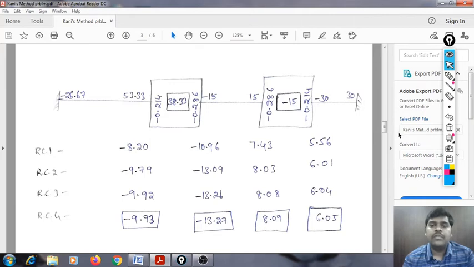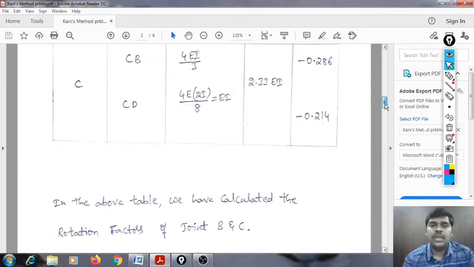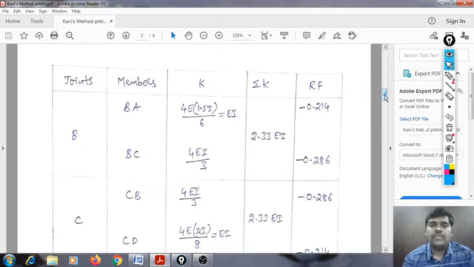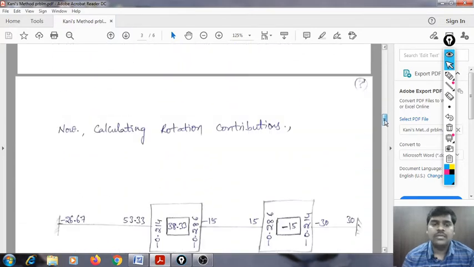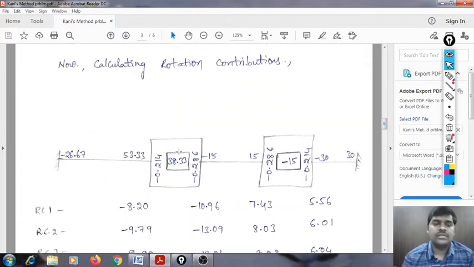So for B, when you look at the table here again, for B the RF values we have are 0.214 here and minus 0.286 here. So I am writing these values here like this, minus 0.214 and minus 0.286.